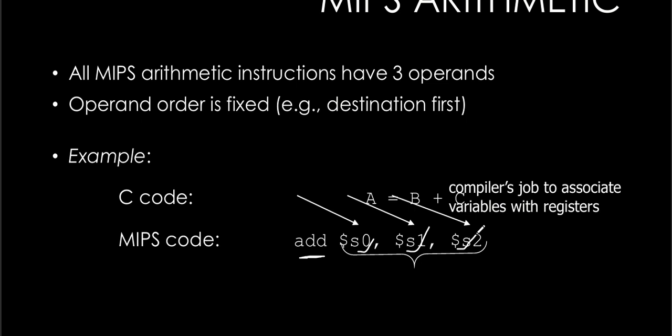Unlike C or any other language where you can declare a variable and give it the name you want, MIPS has already given you the variables available to use. Apart from them, you can't use any other. You can conceptualize this as that.